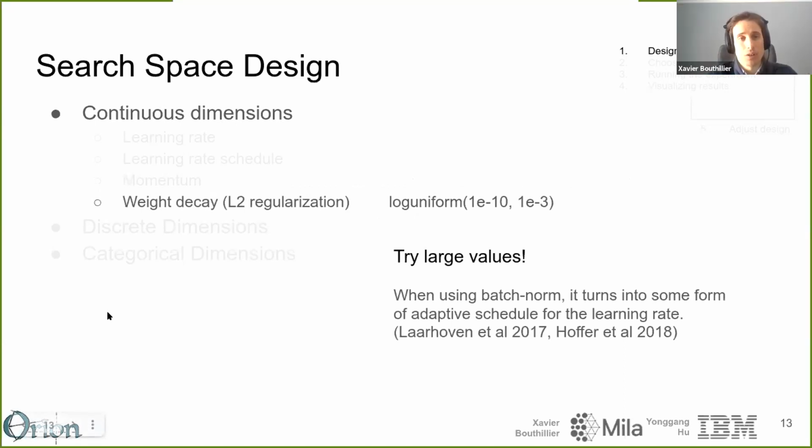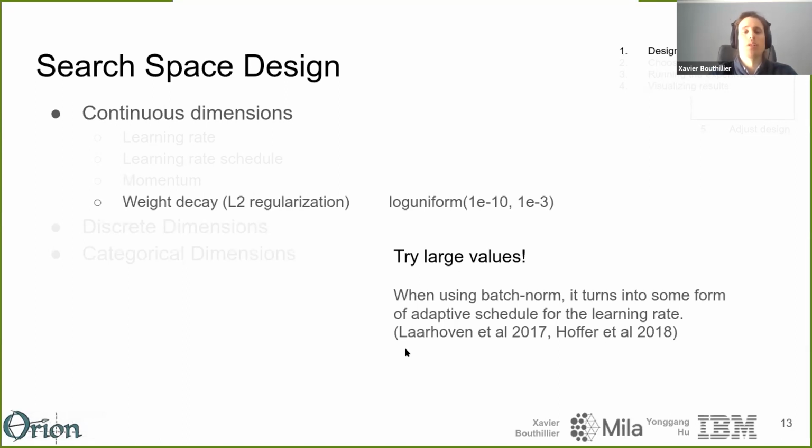And then finally, another continuous dimension is the weight decay. Most of the time we think of it as a regularization, so we try smaller values because we think that if it's too large, it will handicap the neural network because it will be too strong a regularization. But this is a bit tricky, because when you're using batch norm, which is fairly common in modern neural architectures, the weight decay is no longer a regularization, but it has the effect of an adaptive schedule on the learning rate.